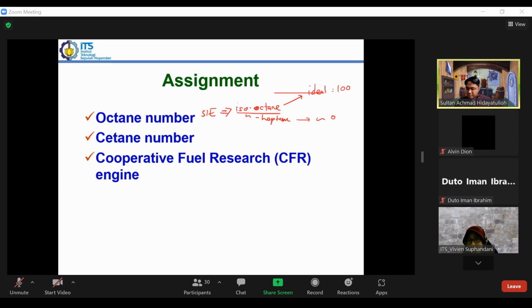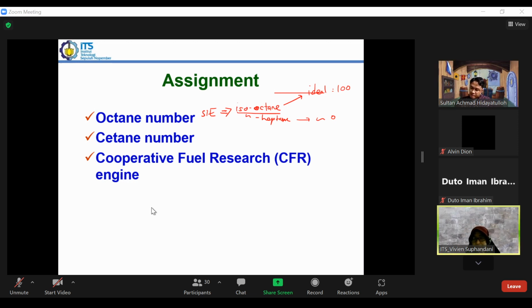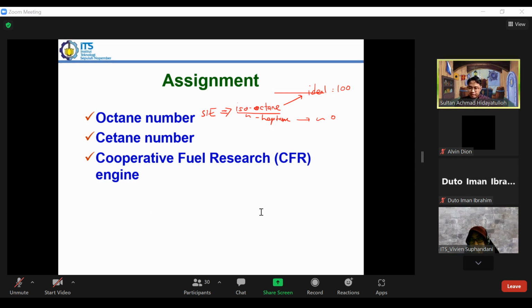So when we want to increase the octane number, we could increase the aromatic hydrocarbon or make the molecular structure of the fuel more branched than before, ma'am. So we make the hydrocarbon structure not straight, but branched. Like that, ma'am.